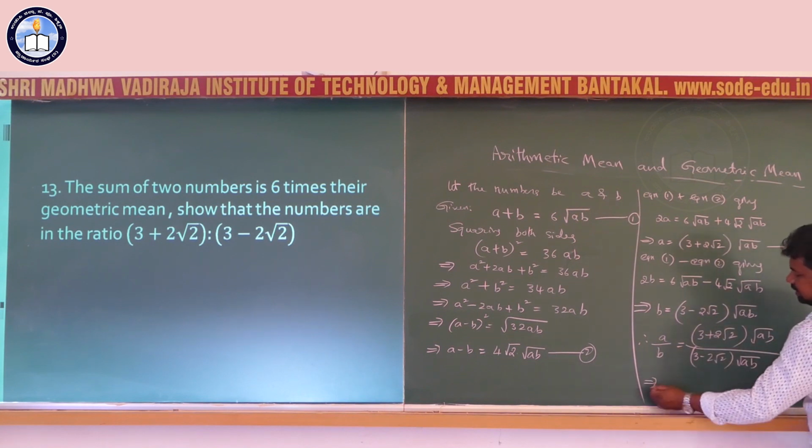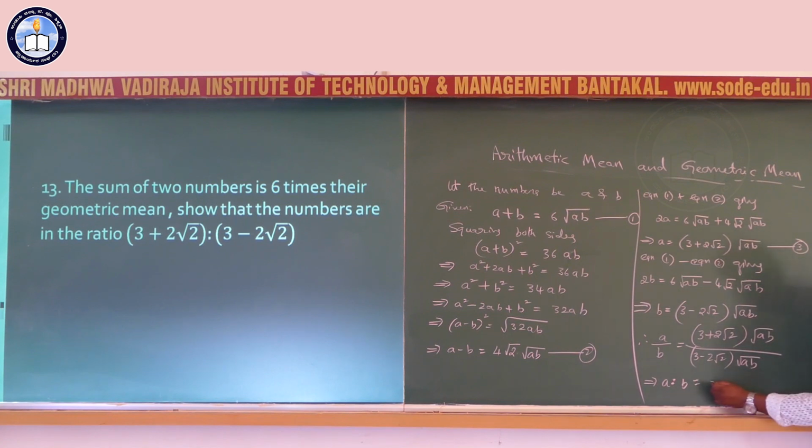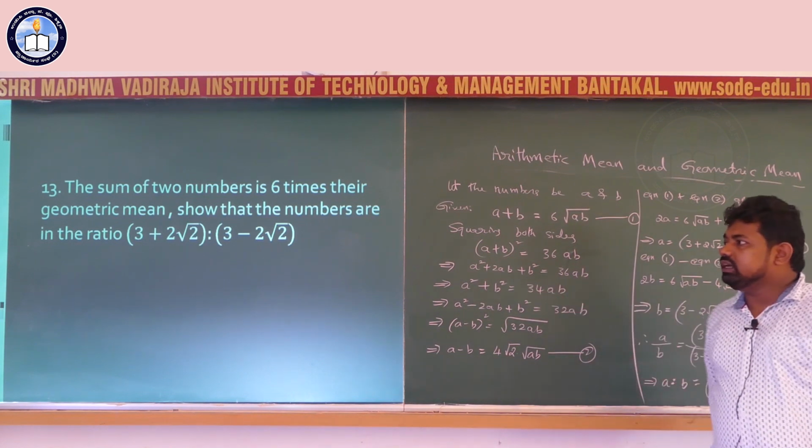It implies A is to B equal to 3 plus 2 root 2 is to 3 minus 2 root 2. Here root AB cancels. That is the required ratio.